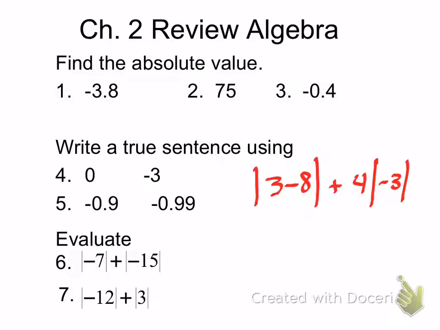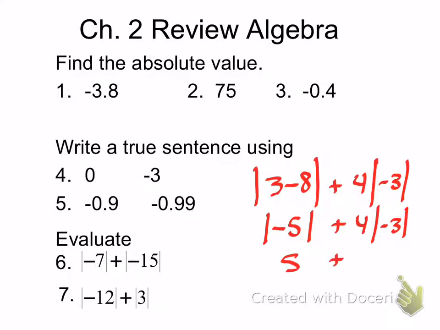You do what's inside the absolute value bar first. Good, and so inside the first one, what is it equal to? It equals negative 5. Absolute value of negative 5 plus 4 times the absolute value of negative 3. Next step, you get rid of the absolute values, which would be 5 plus 4 times.